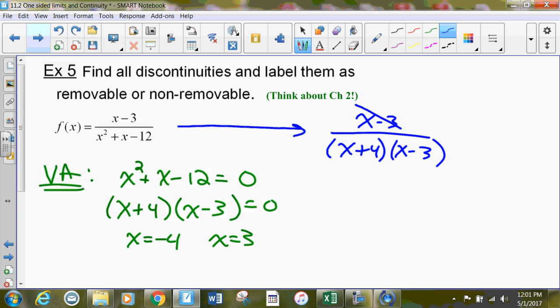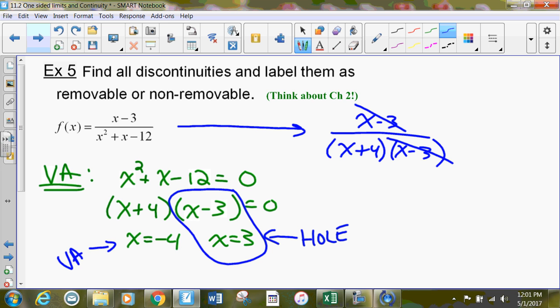What happened in chapter 2 if one of our vertical asymptotes got simplified? We simply said this guy is not a vertical asymptote, it's a hole. He's a vertical asymptote. This one's a hole.